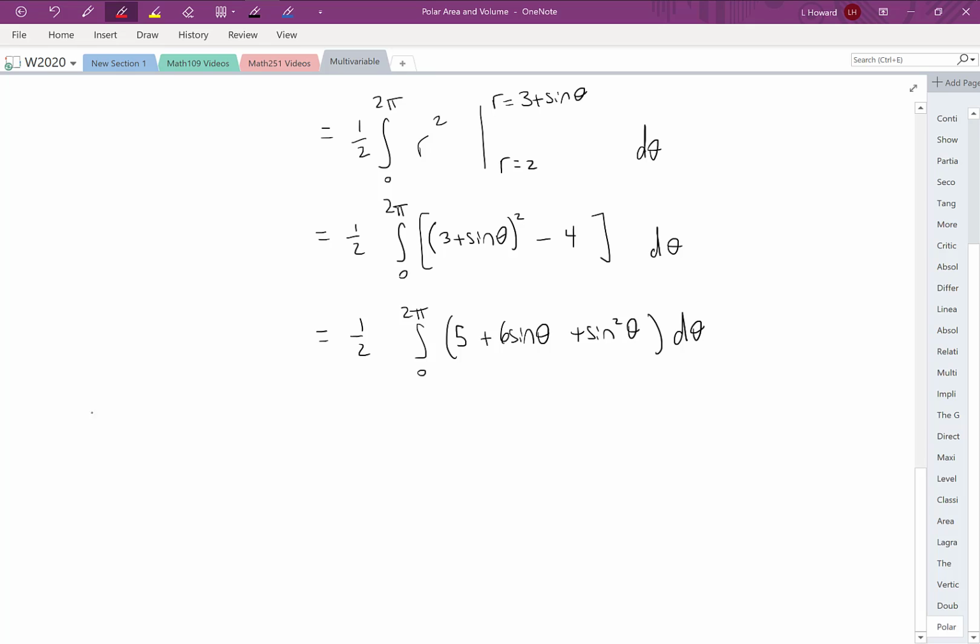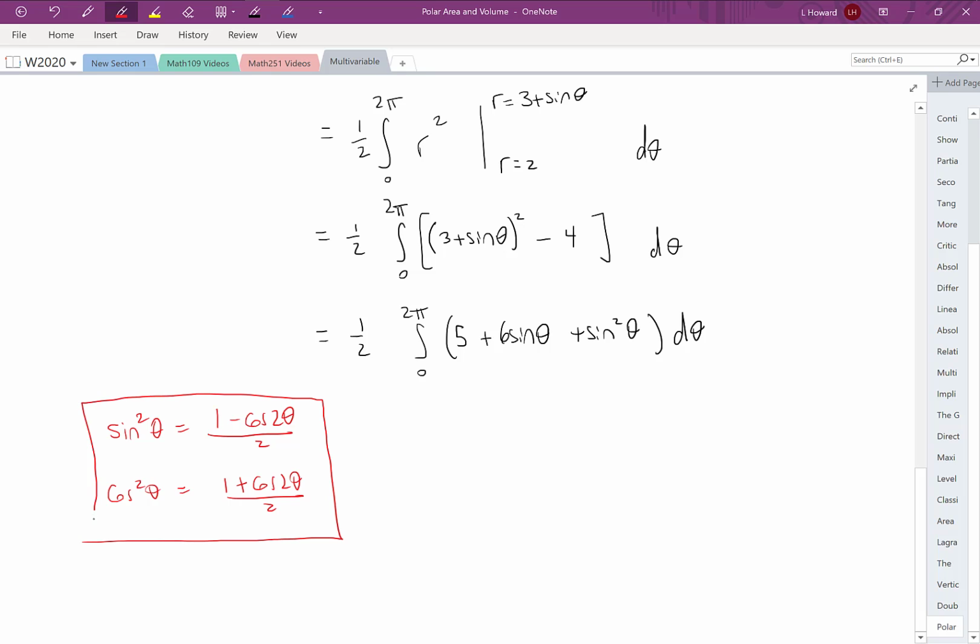A couple of handy identities tend to come up when we're doing polar double integrals. Sine squared theta is the same thing as 1 minus cos 2 theta over 2, and cos squared theta is the same thing as 1 plus cos 2 theta over 2. These identities are helpful because it's difficult to integrate sine squared theta directly, but if you use this double angle formula, it's pretty easy to get the integration done.